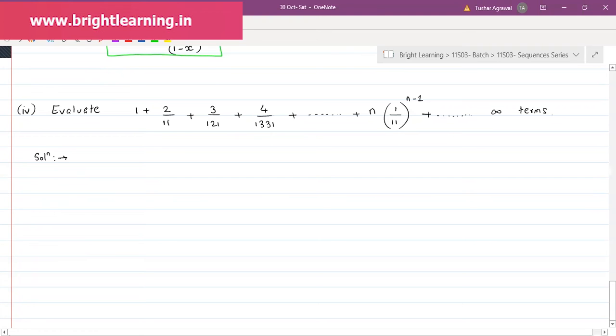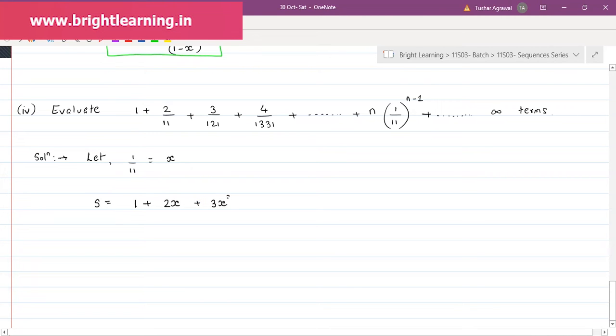Chalo, see. If you're getting confused with that 1 upon 11, that 1 upon 11 will definitely cause a problem. So what I will do is let 1 upon 11 be equal to x. So what is he asking me? He is asking me to calculate: the first term 1 as it is. What is the second term? 2 multiplied by 1 upon 11. So is it 2x? 3 multiplied by 1 upon 11 square.